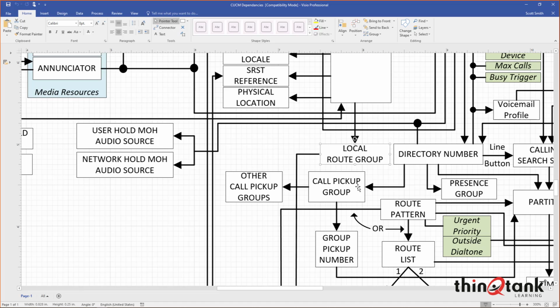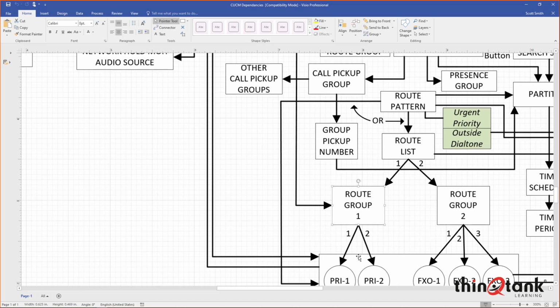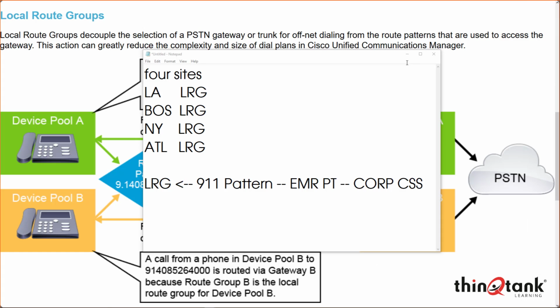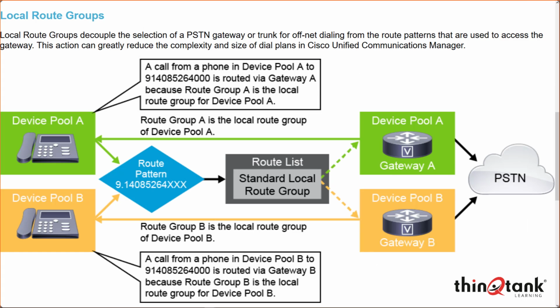And a local route group points directly to a route group that contains the gateway, right? And you see that in the diagram here as well. The diagram kind of describes it pretty well. Let me minimize this. All right. The diagram looks a little confusing, but it's not too bad, right?